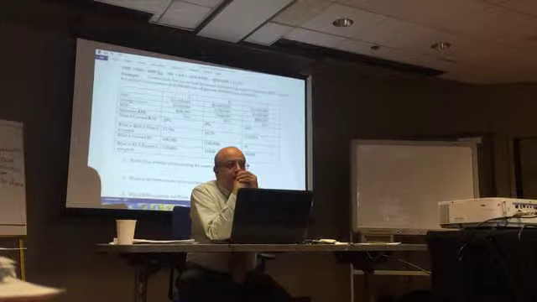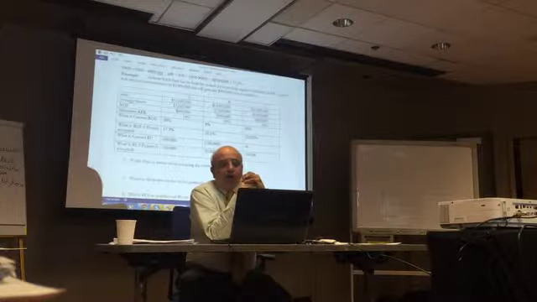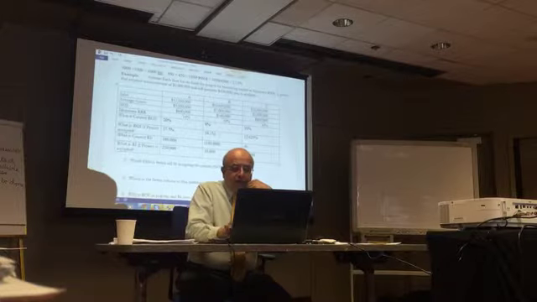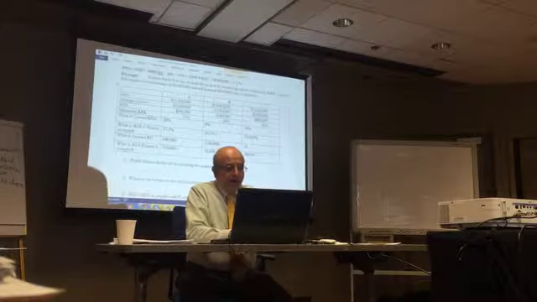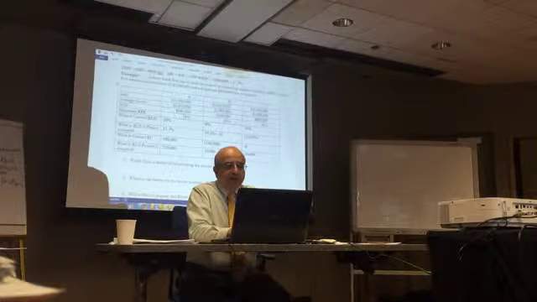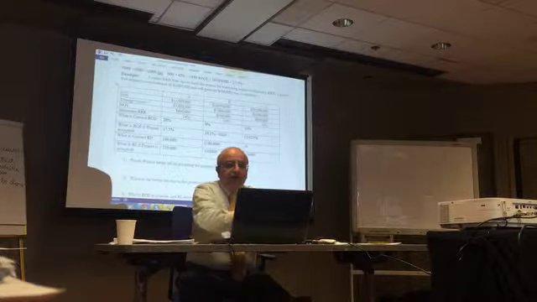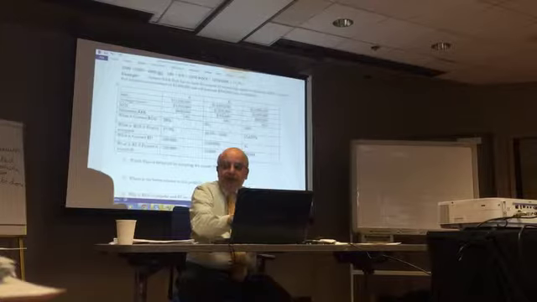I'm doing the same thing for the other two also. This is equal to 1010. That's the total income: you add the 560 and the 450, which gives you 1010.